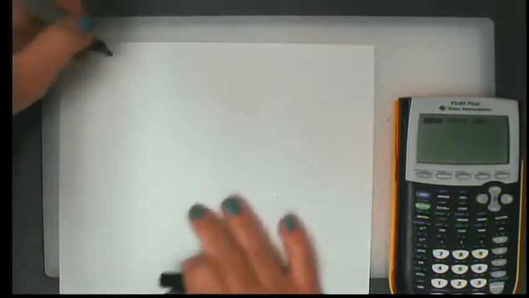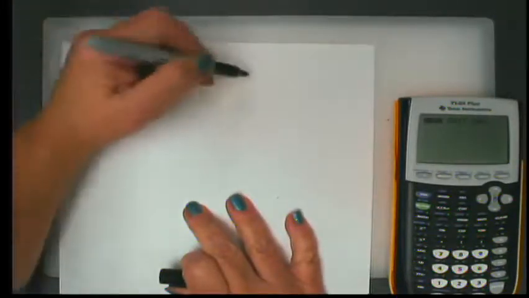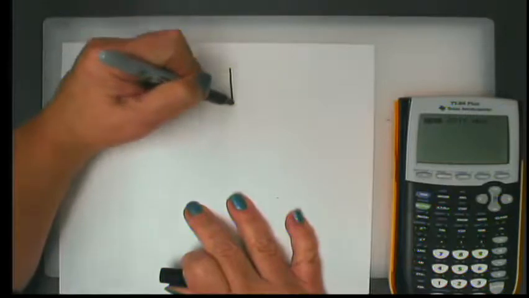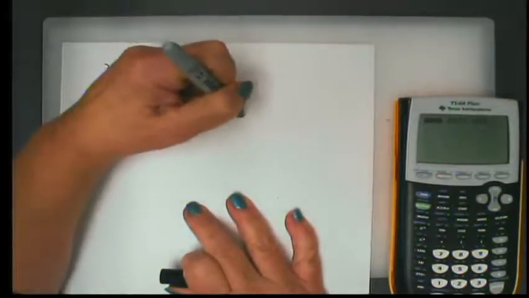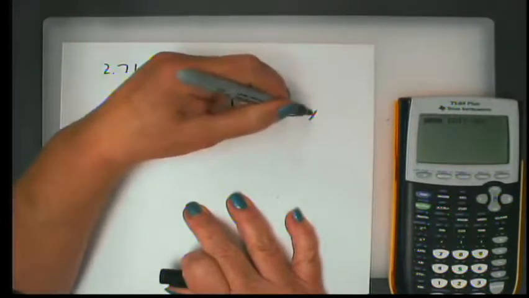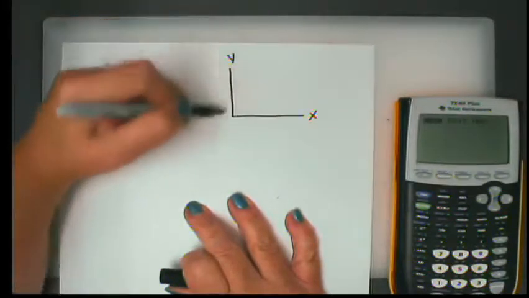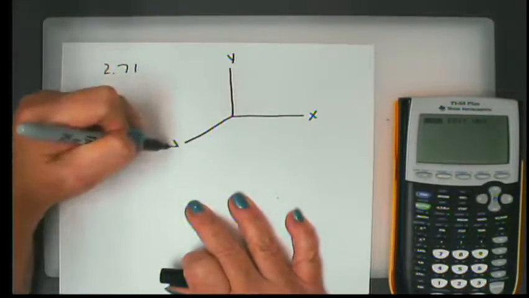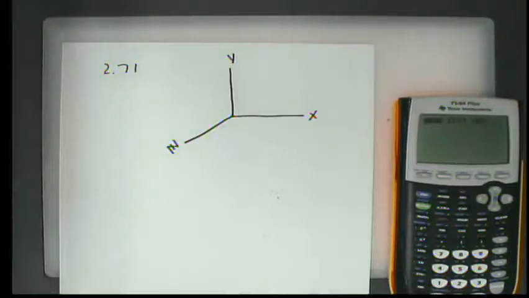All right, so when I draw this problem, 2.71, I start by drawing my axes, my y and x axes, and then I draw the z-axis. Now, when you're doing your homework, you will be doing the other force, the 450 Newton force, so you'll be able to work with that.